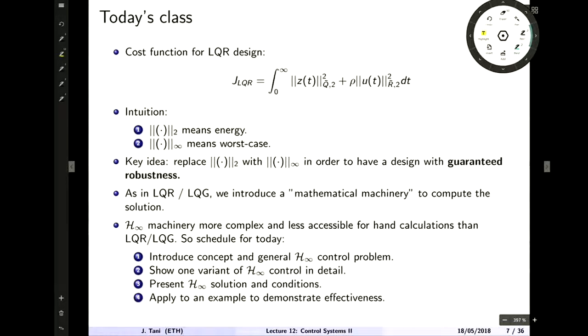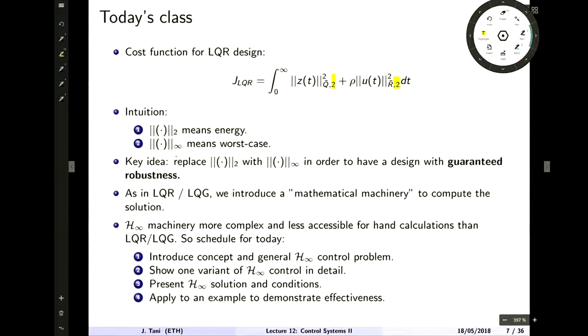So it has these two norm terms. I've already stated if we have the two norm of a signal, it means its energy. So what we do by minimizing this cost function is we minimize the energy content of a signal.